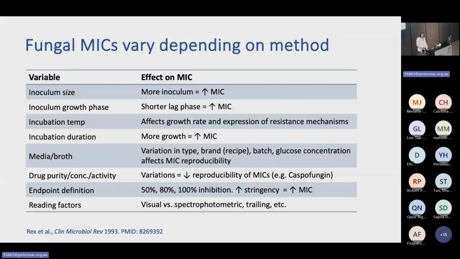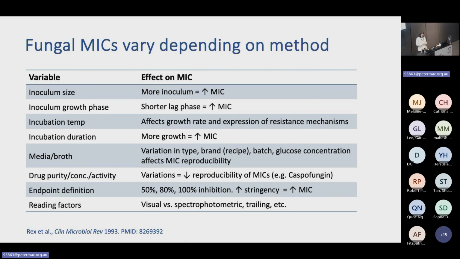But the problem with MICs is that you can get quite a bit of variation depending on the method that you use for susceptibility testing, or even just through very small variations in the same methods, and then it sort of becomes hard to know what it all means. So, for example, small changes in the inoculum density of the yeast will affect the MIC.